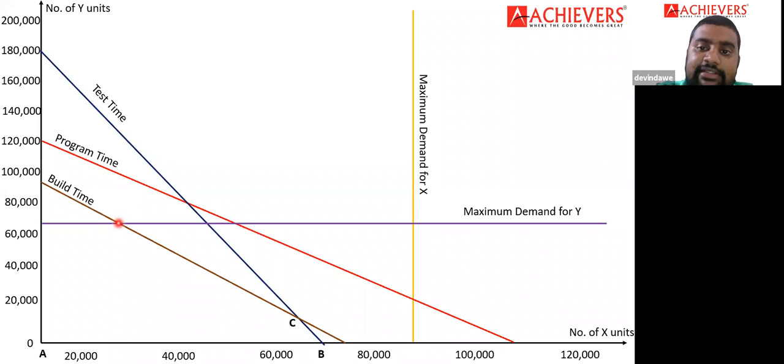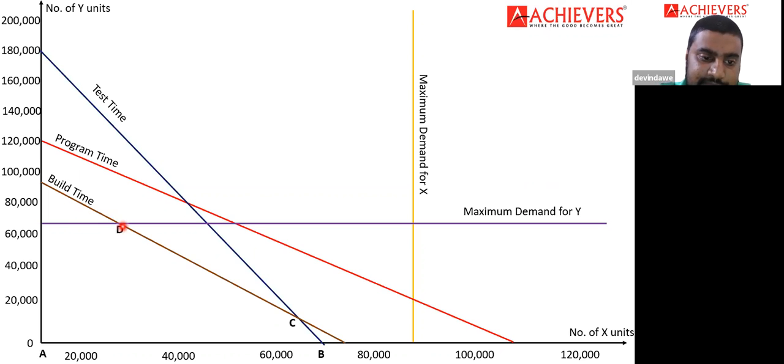I have reached the maximum demand for Y, 66,000 here. The point where these two constraints intersect, I call point D.